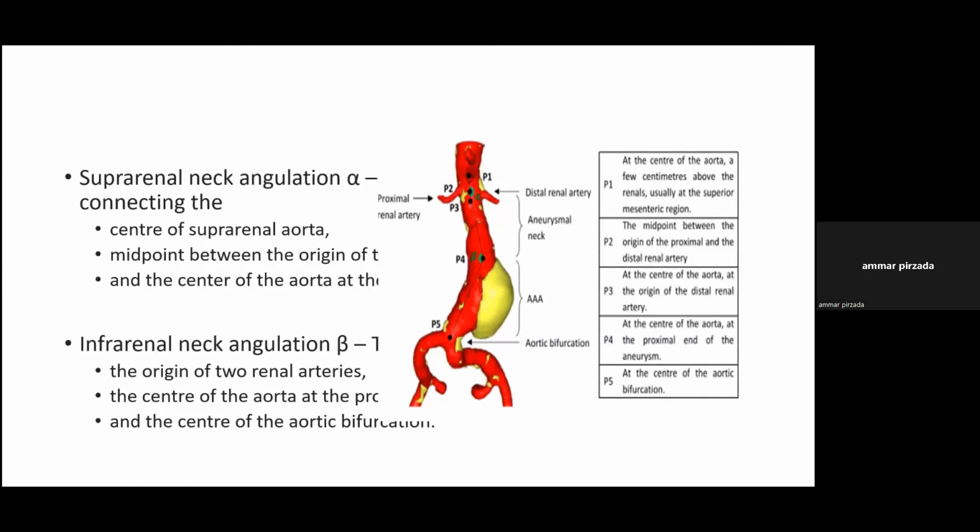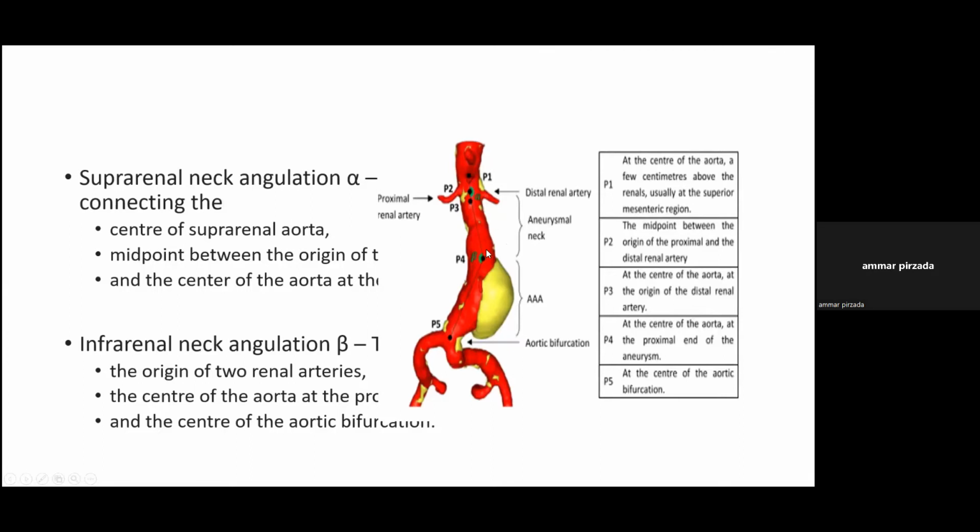So to calculate the suprarenal neck angulation, we consider P1, which is the center of the suprarenal aorta, the healthier part of the aorta. Then the midpoint between the origin of the proximal and distal renal artery, which is P2. And lastly, P4, which is the originating point of the aneurysm. So this is the angle between these 3 points.